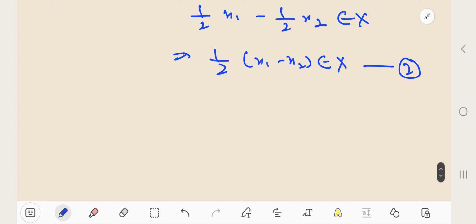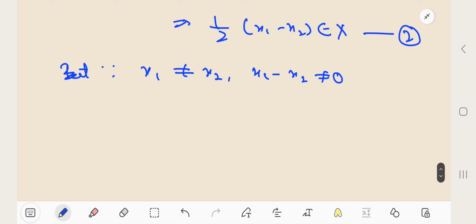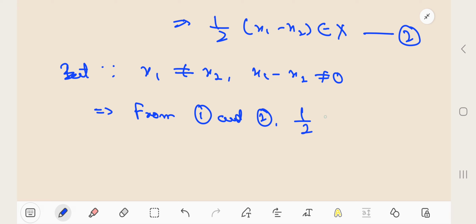Good. But since x1 was initially not equal to x2, x1 minus x2 is non-zero, which implies from 1 and 2 that this non-zero point, half of (x1 minus x2), lies in X intersection L. Clear?